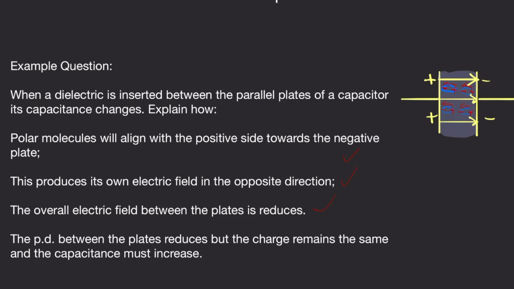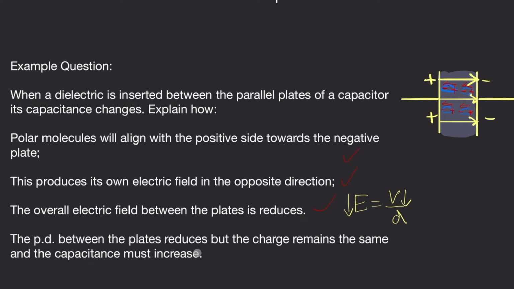Well, remember, if the electric field between the plates reduces, well, E is equal to V over d, which is voltage divided by distance. The distance is unchanged. And if the electric field goes down, then the PD between the plates must also go down.